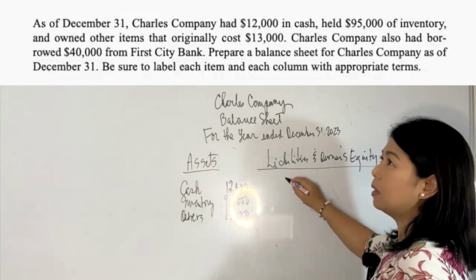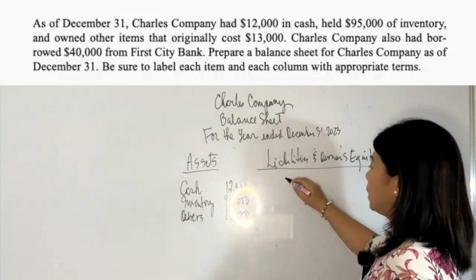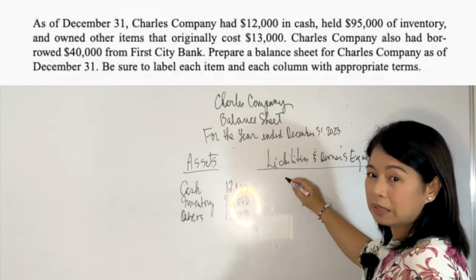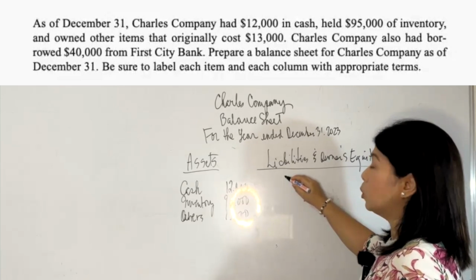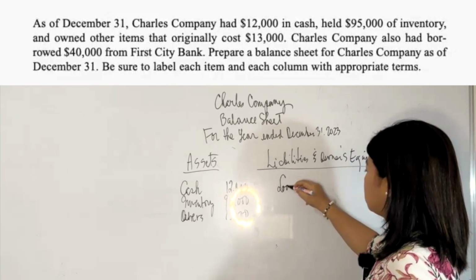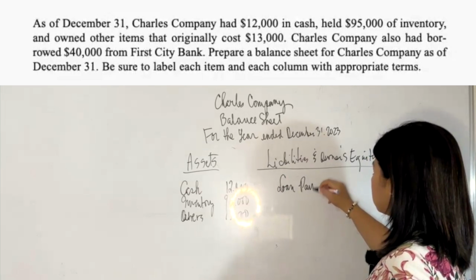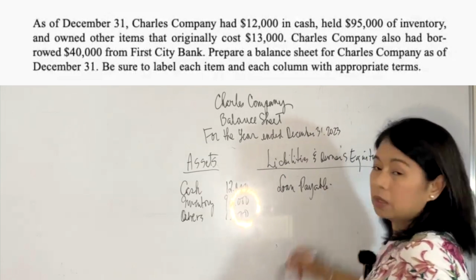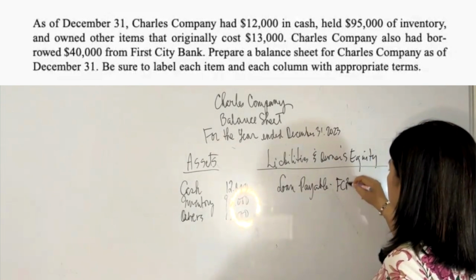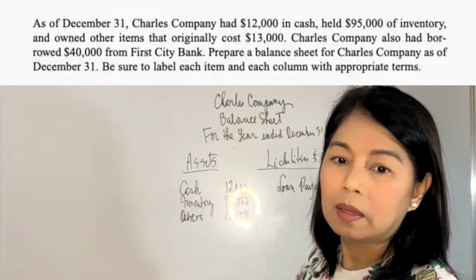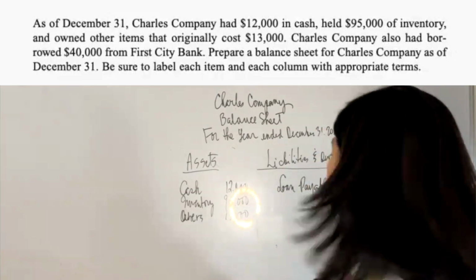So it's loan payable. It can be note payable. It didn't mention that there's a note, but we can just say loan payable to Citibank. Loans payable, let's just say FCB, 40,000.